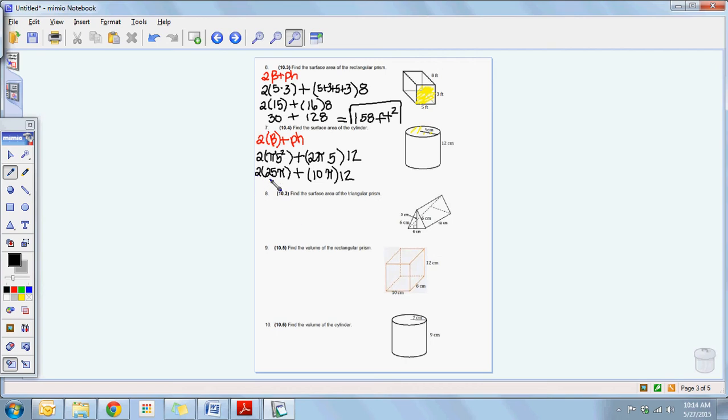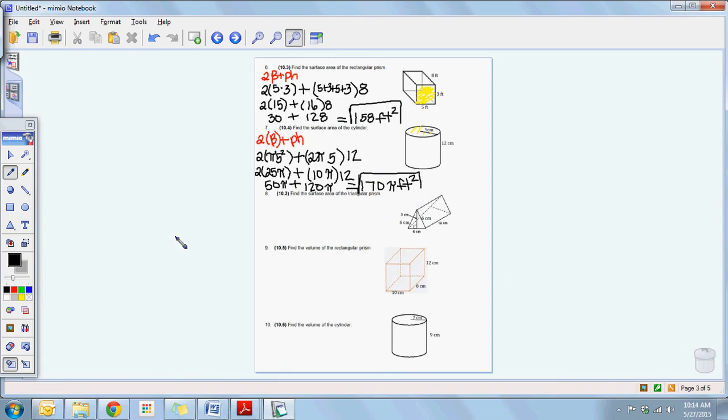I'm going to do 2 times 25, so that will give me 50 pi plus 10 times 12 would give me 120 pi. And then one more step. I'm going to add these together and keep the pi at the end. So I get 170 pi feet squared. And that's your final answer.